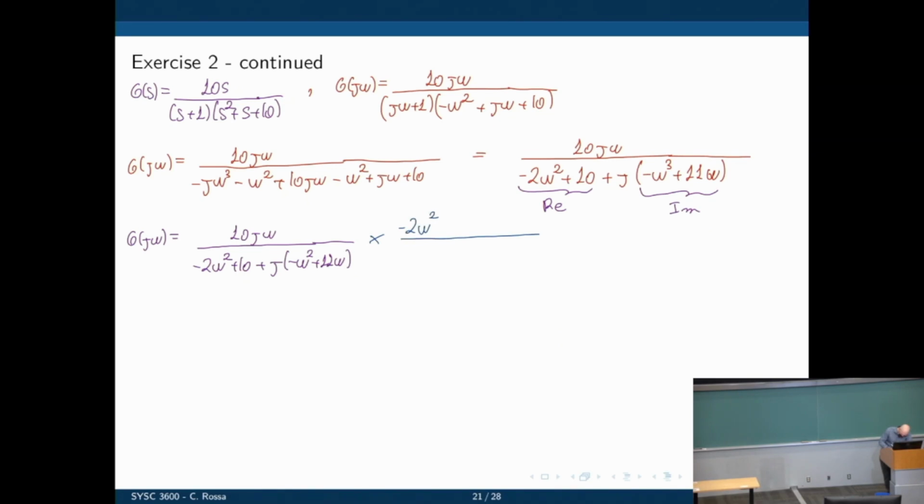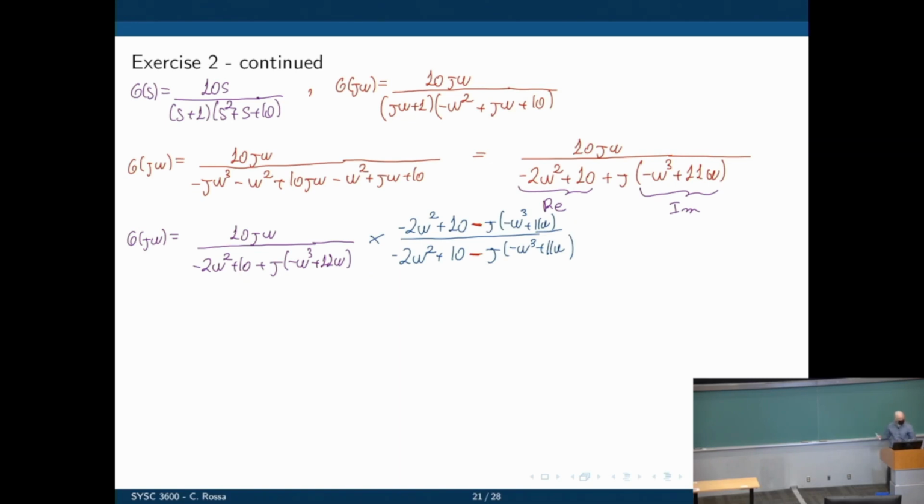So multiply this by the conjugate of the denominator. That is to say, we are changing the sign of the imaginary part of the denominator. This should have been 3 here. Okay, and then we repeat the conjugate of the denominator like that.